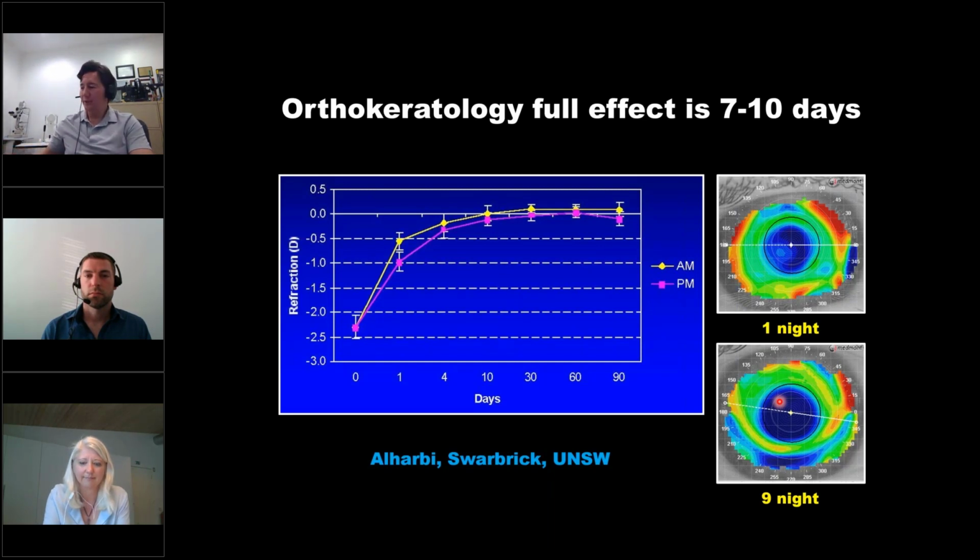So if we're trying to understand what's going on after night 1 or night 4, we really don't have the full picture. It's helpful to wait out for full effect so that we have a much better understanding of the over-refraction, if any, the vision, everything that Mette had described for us.